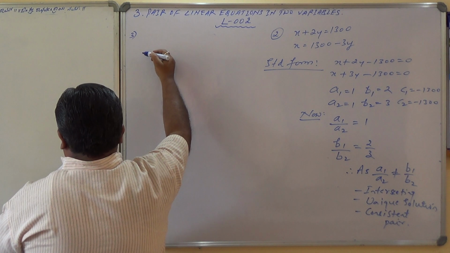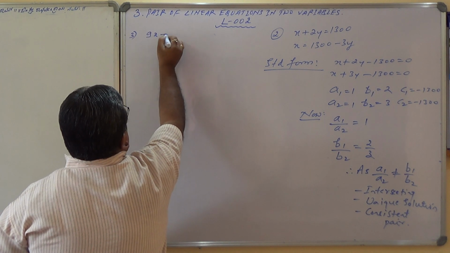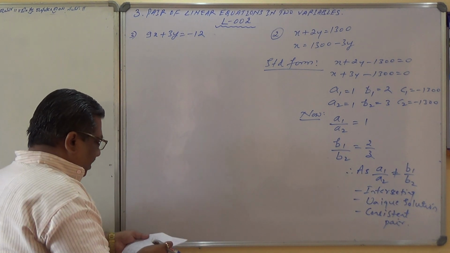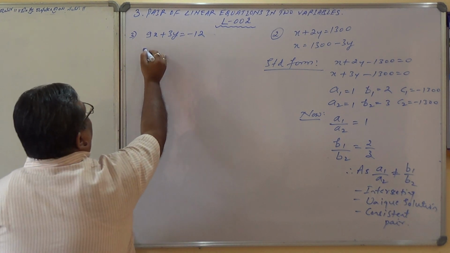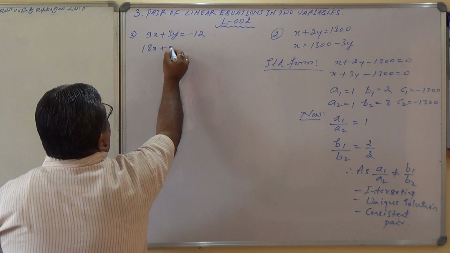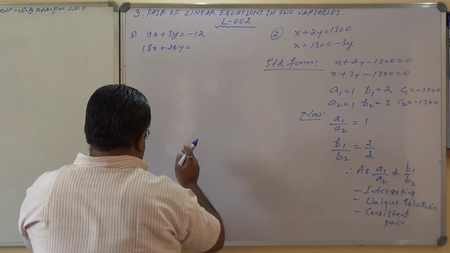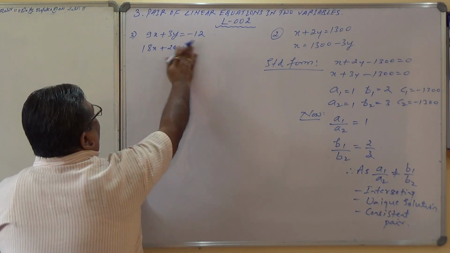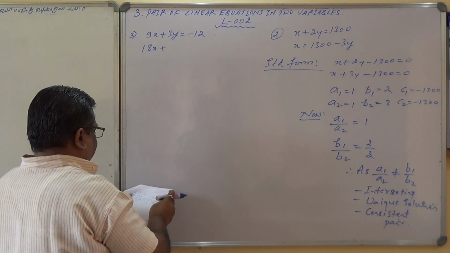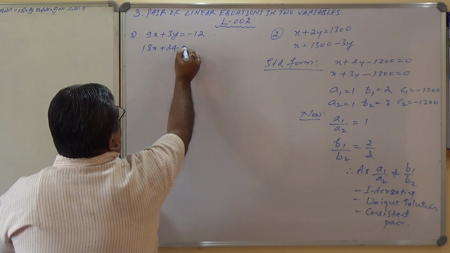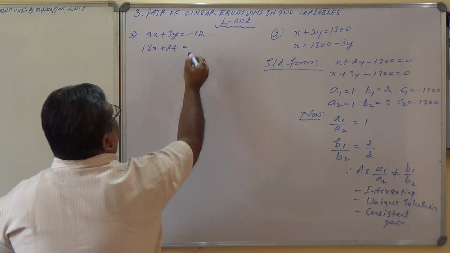9x plus 3y equals minus 12, and 18x plus 24 equals minus 6y.